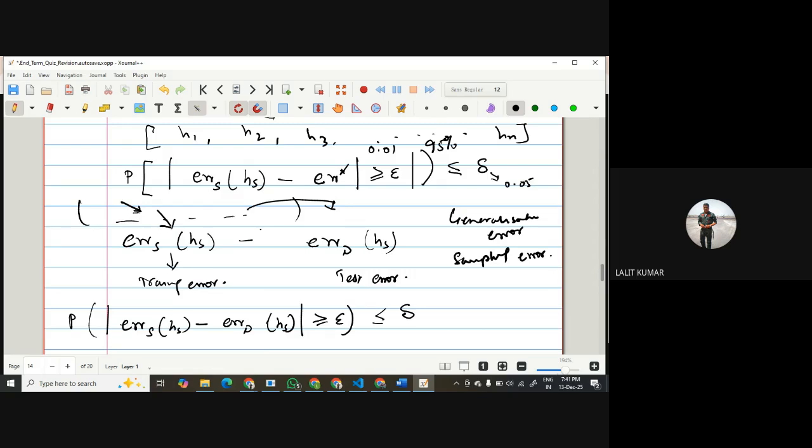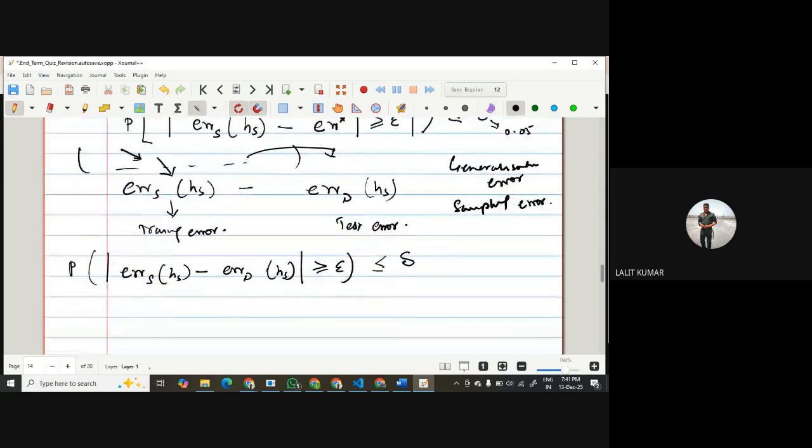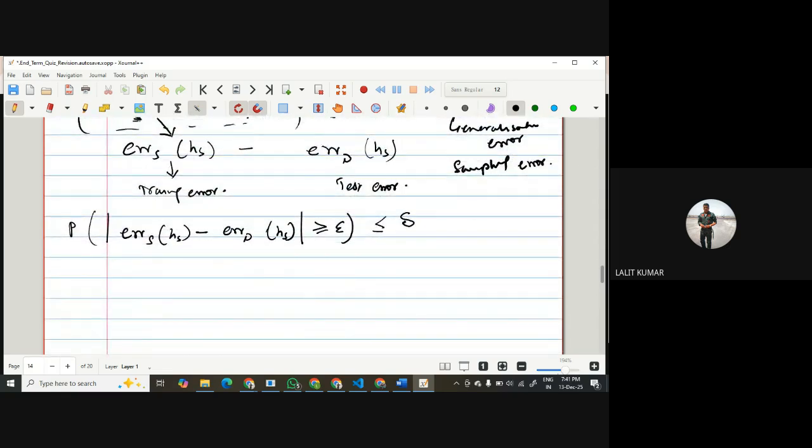What I did, I fixed one h_S, and then I took the expectation of this h_S. And from there I said that if my best model is making a mistake, then all other models are making a mistake. From that concept, I got the probability of error of S(h) minus error of D(h) being greater than or equal to epsilon is less than or equal to the size of H, finite, times e to the power minus 2 n epsilon square.